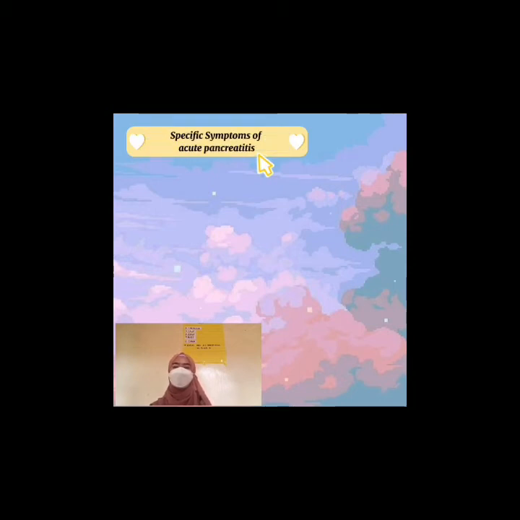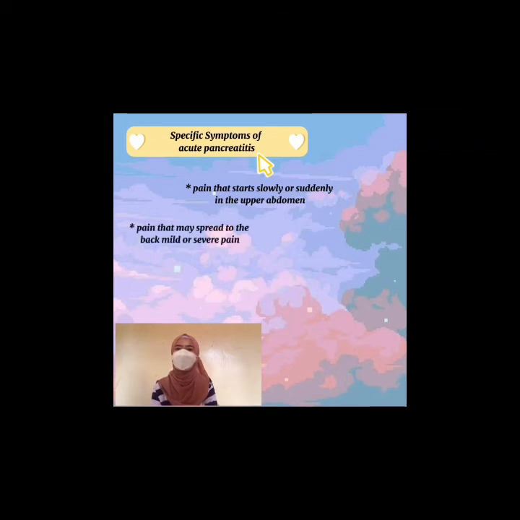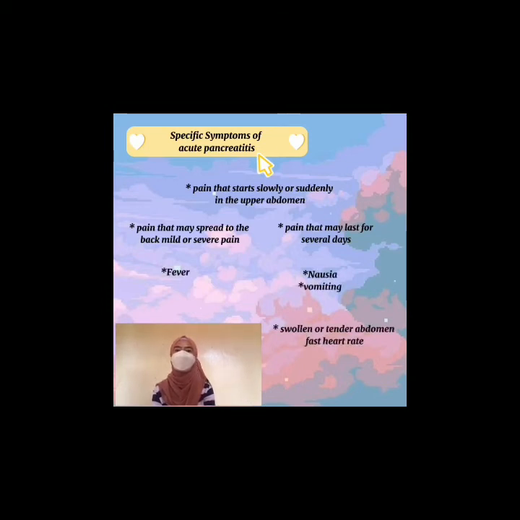For acute pancreatitis, symptoms are pain that starts slowly or suddenly in our upper abdomen, pain that may spread to the back, mild or severe pain that may last for several days, fever, nausea, vomiting, swelling or tender abdomen, and fast heart rate.